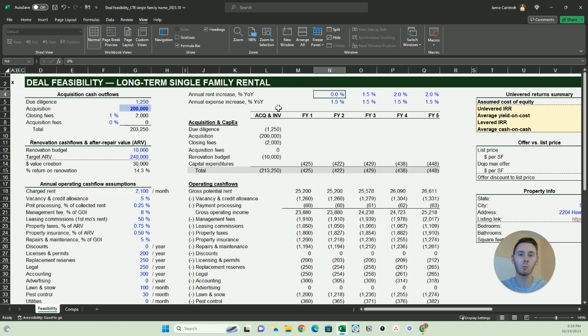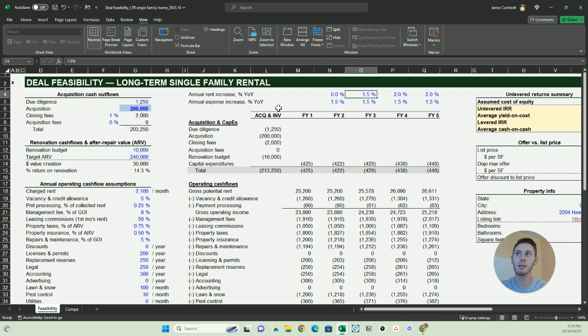Especially where interest rates are, I think there's going to be a softening in the economy. But then again, some other people might say, hey, because there's high interest rates, not a lot of people can buy homes. There's going to be more people who can't afford their debt payments. They're going to have to move out and move into a rental. So I think rental demand is going to increase. You can take whatever view you want on these.